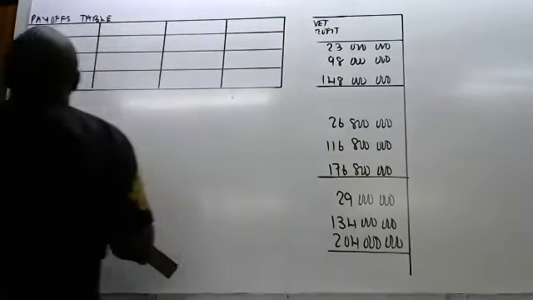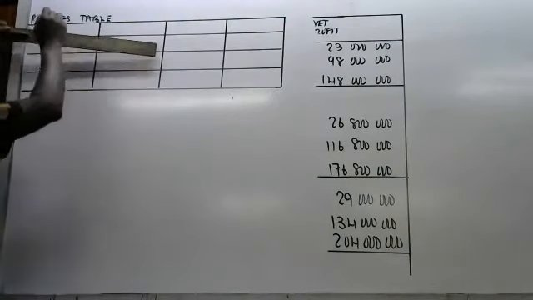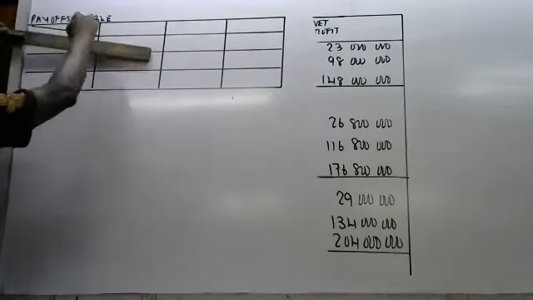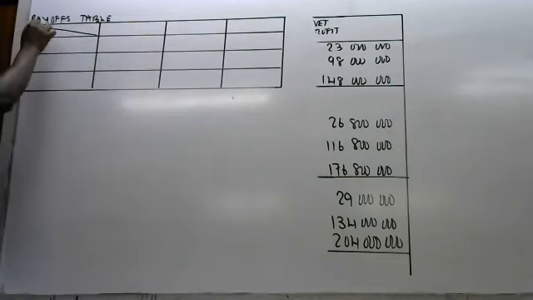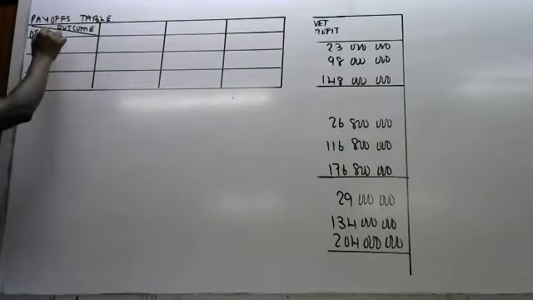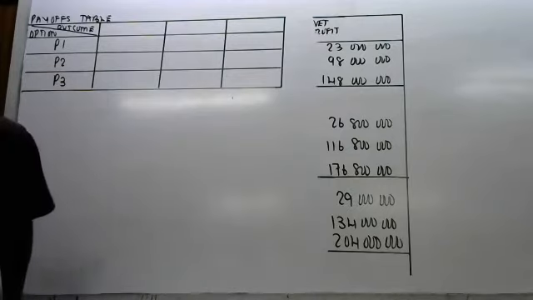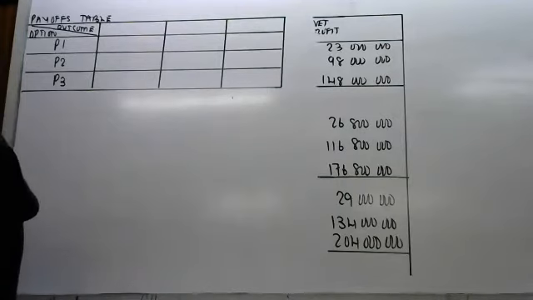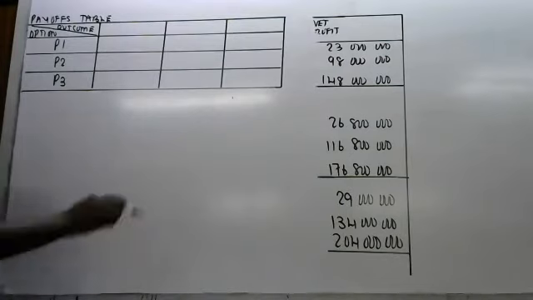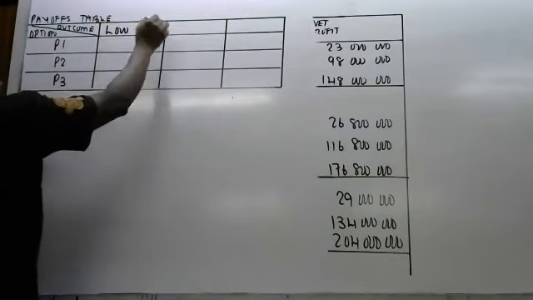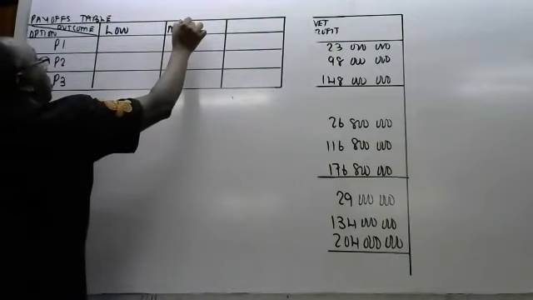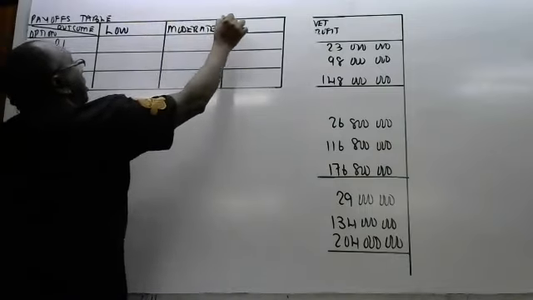So in the payoff table, we normally have the options here, and then the outcome. So this is P1, P2, and P3. The state of demand is low, moderate, and high.